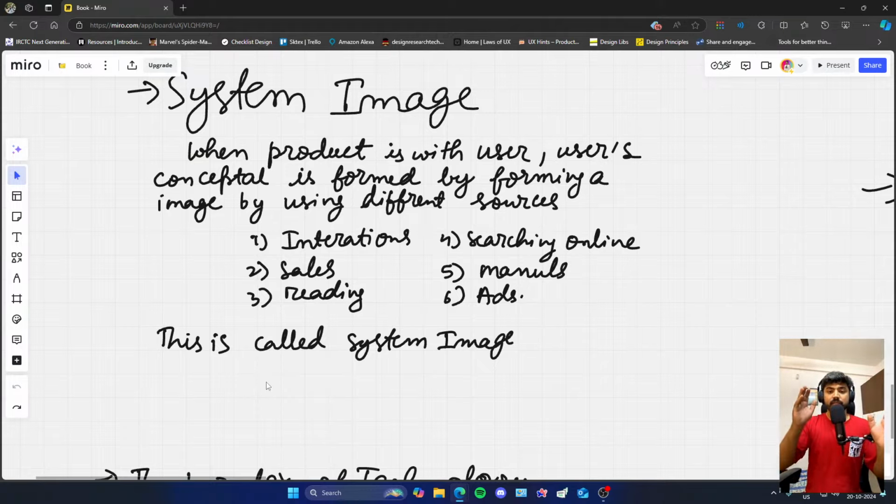So the user must form his own conceptual model, based on the system image that he constructs in his mind using the interactions he has had, the sales interactions, whatever he has read about the product, searched online, the manuals he has been provided, and the ads that he has seen of the product. This is how a system image is made in a user's mind.